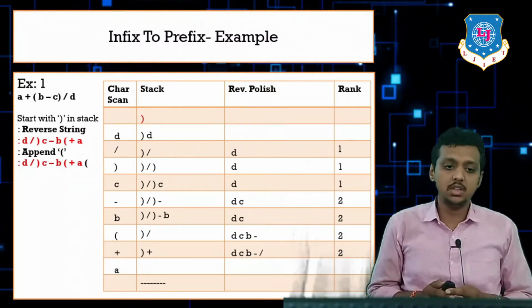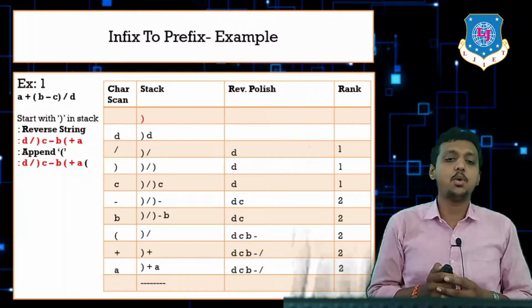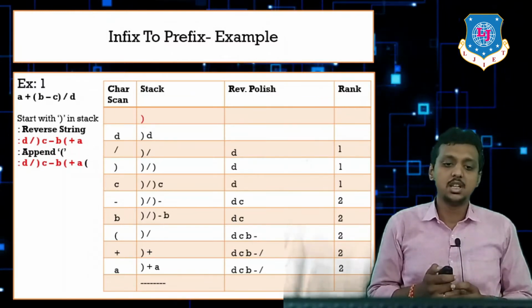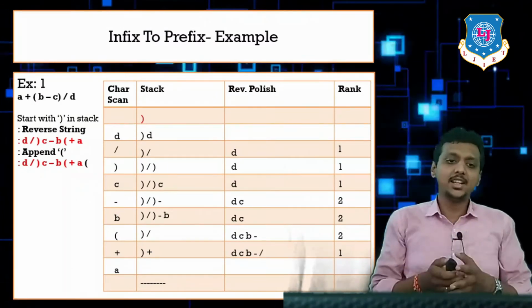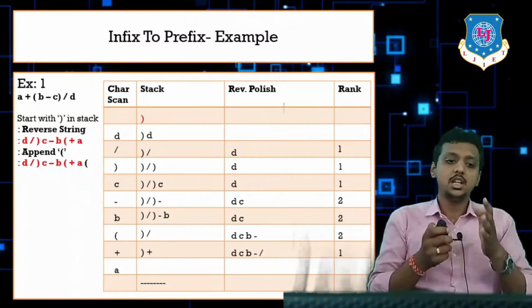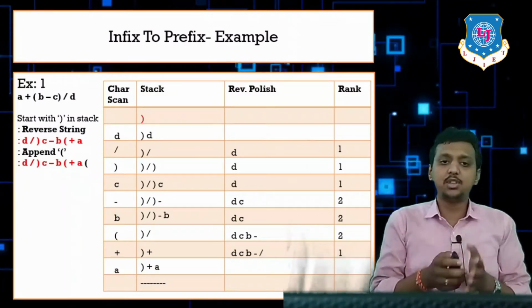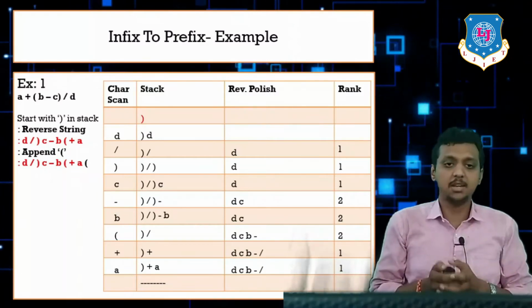Again we have A with us, push inside the stack. So this is my reverse polish, this is my rank. Okay students, there was a mistake in the rank calculation. Before the A we get 1, and after pushing A, the rank becomes 1.